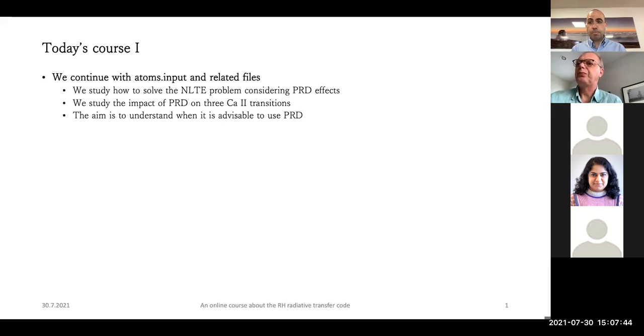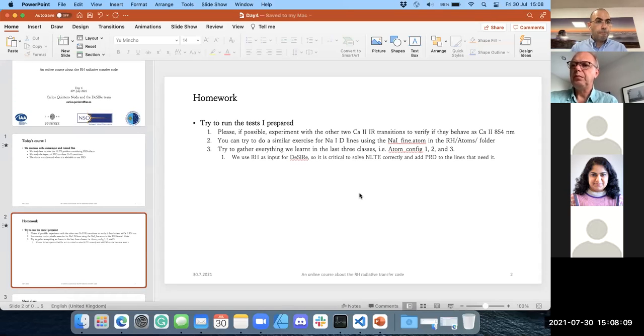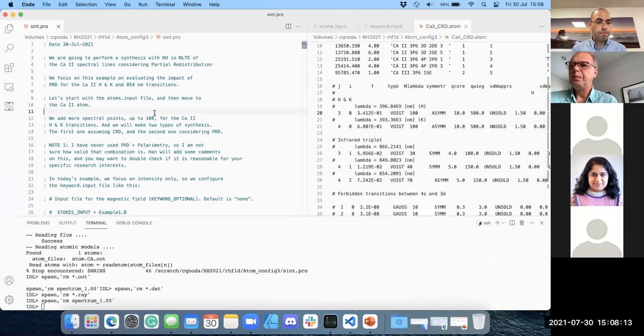And then the aim is to allow you to decide how to add or not PRD, and also to allow you to study for a different transition that you may be interested in, how to compute or estimate when you need to use PRD and when it's almost okay to not do it.